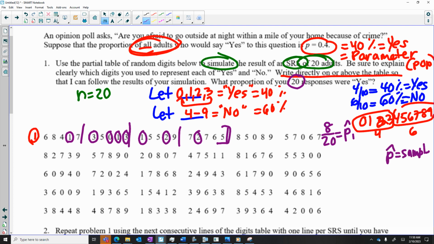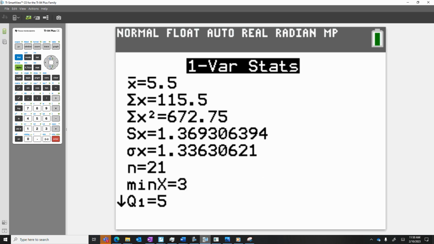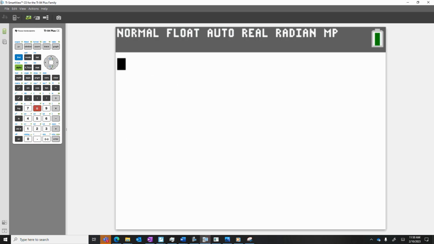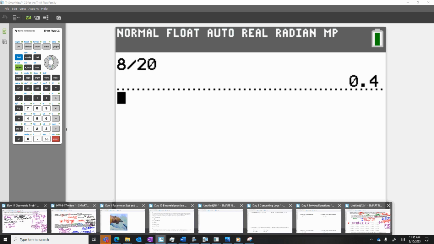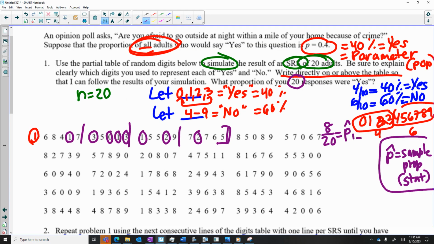And a sample proportion comes from a sample, so it's called a statistic. So the first p hat I got was 8 out of 20. If I divide that, as a decimal that is 0.4. So my first sample was exactly equal to the true population proportion of 0.4.